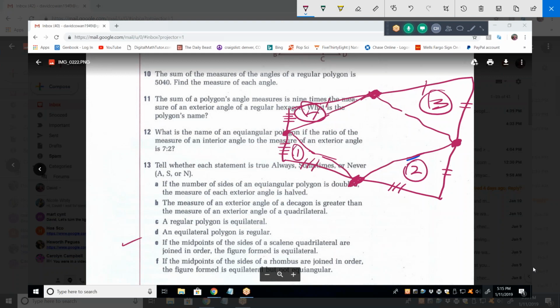If the midpoints of the sides of a rhombus are joined in order, the figure formed is an equilateral but not equiangular. Huh?